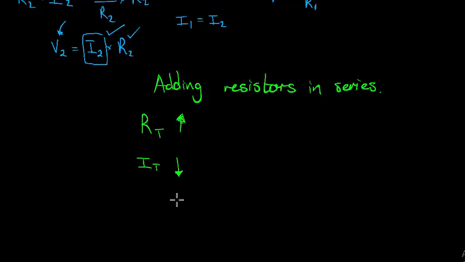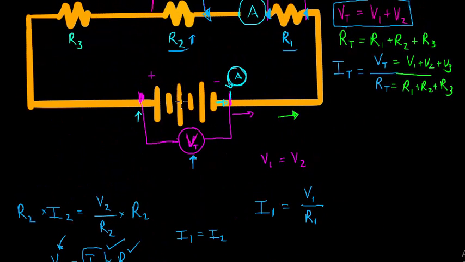Now adding resistors in series will increase the total resistance that is experienced in the circuit, decrease the total current, but the total voltage will stay the same. The total voltage is literally the amount of energy that the battery gives each coulomb of electrons.